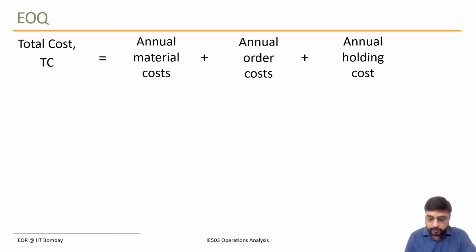Now, with that, let us try and compute the economic order quantity so as to minimize the total cost. So total cost can be divided into three components: the annual material cost, annual order cost, and the holding cost.